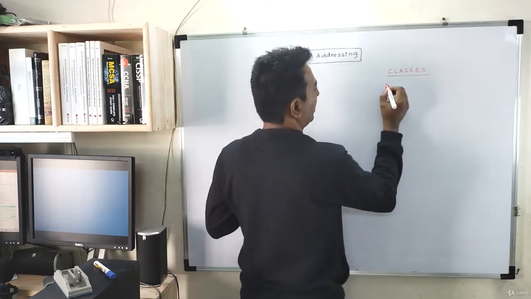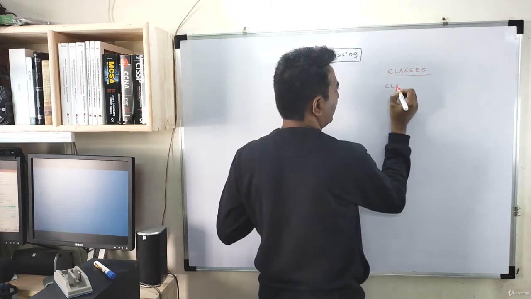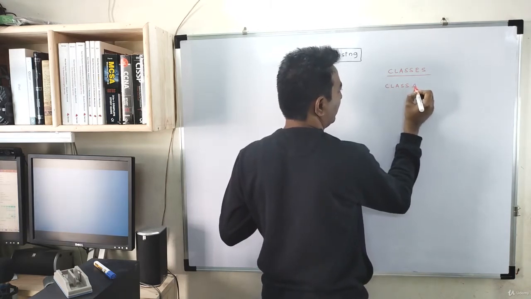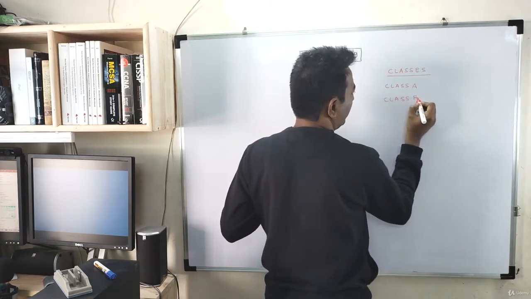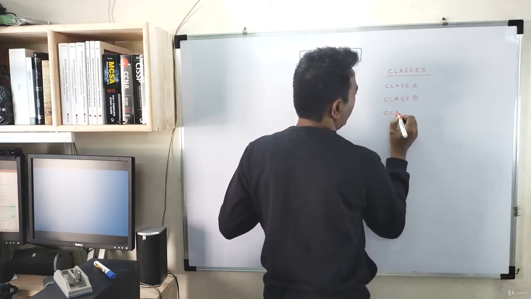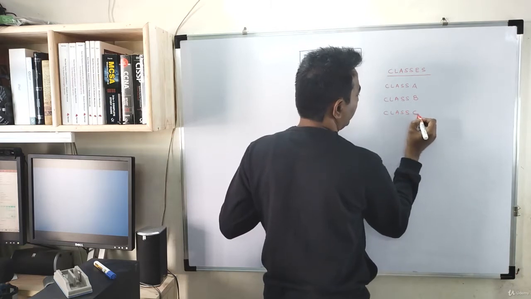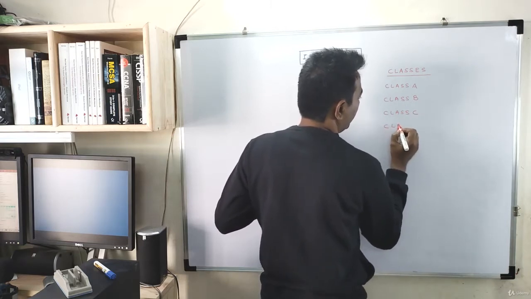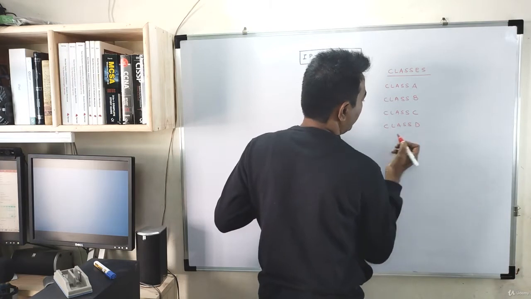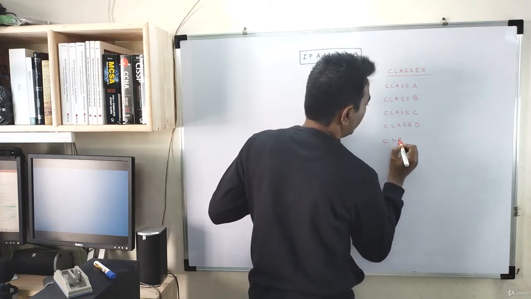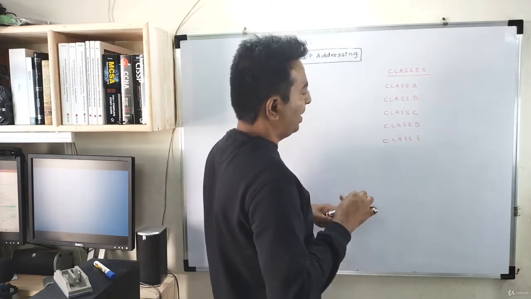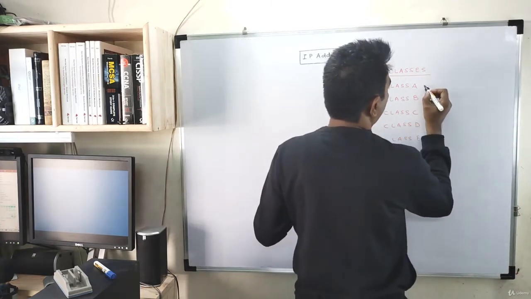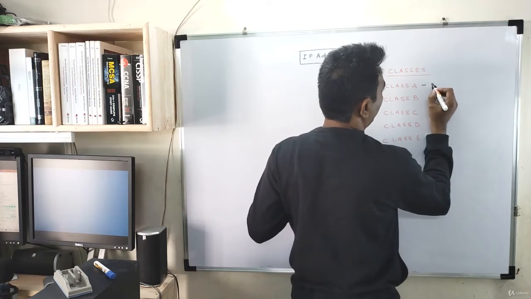Class A was the first class that we discussed, then class B, class C address, class D address, and class E address. Now if you have to remember the ranges, you can simply remember them.